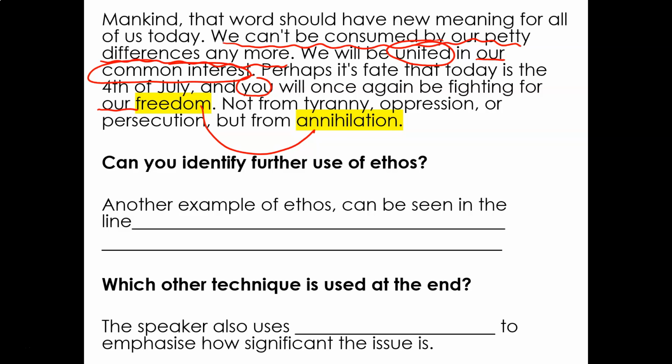Once you've done that, complete the sentence. The speaker also uses what device to emphasise how significant the issue is. Okay, well done if you realised that the technique here, if you checked in your knowledge organiser, was antithesis.